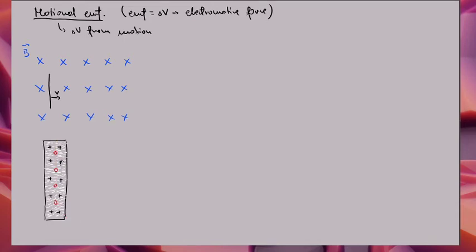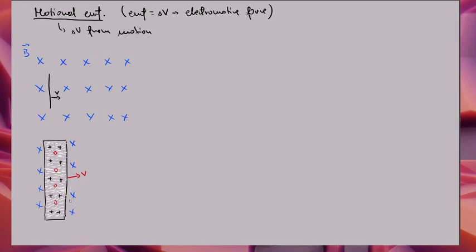Now, if you take this whole slab of metal and you make it move to the right, speed v, and this thing is sitting in a magnetic field. So here's the magnetic field, and the magnetic field is pointing into the page. Then what you have is a bunch of negatives that are free to move, that are pushed through the magnetic field.